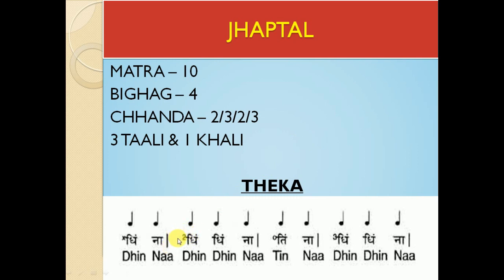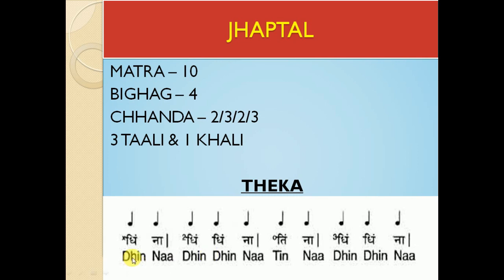Tali is also represented by the number 2, and tali is also represented by number 3. Okay, so cross, 2 and 3, these 3 symbols and numbers. On these symbols and numbers we use tali, we clap.